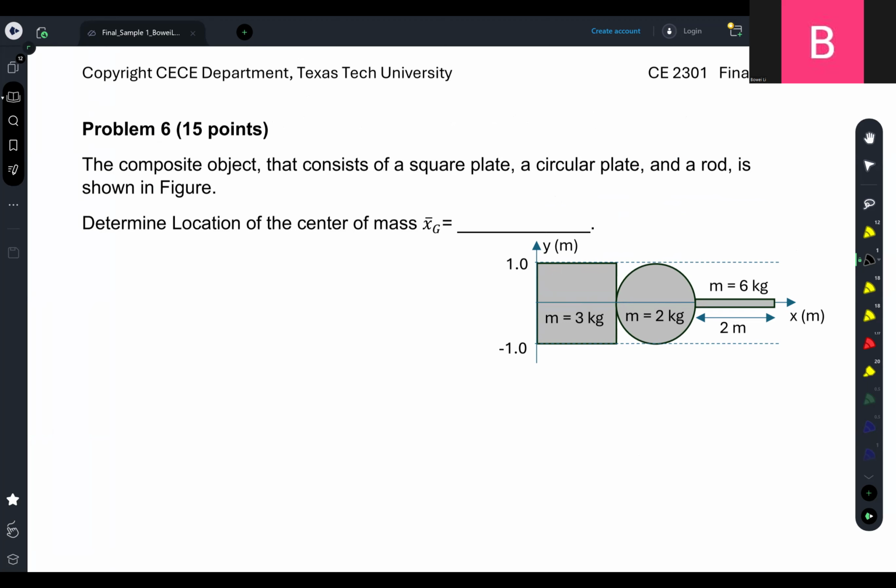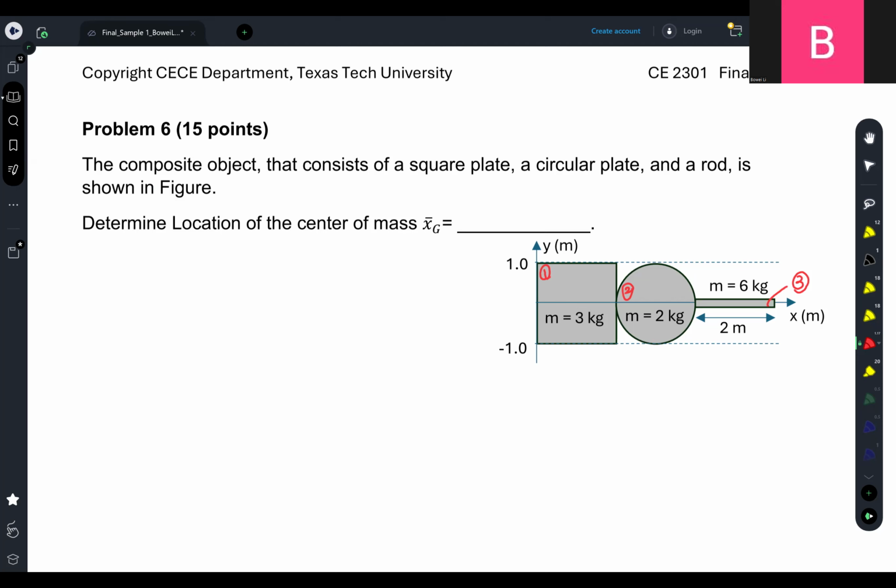For this composite object, we see that it is composed of a square plate, that is our part one, and a circular plate, part two. Please note that it is a circular plate, not a sphere. The third part here is a rod.